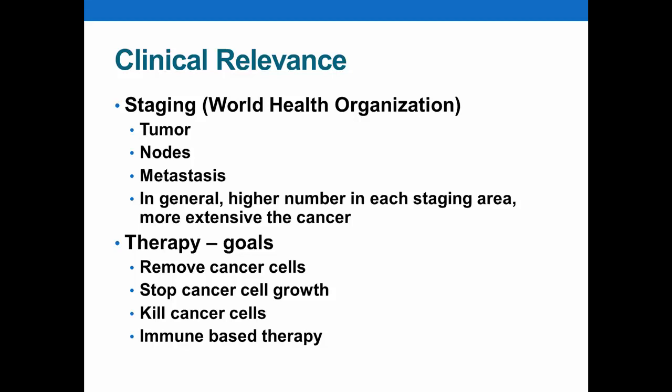With immune-based therapy, one of our goals is to increase the T cell response. Another goal may be monoclonal antibodies. When we use monoclonal antibody therapy, those antibodies are going to bind to or damage the cancer cells, or may be able to inhibit checkpoints. And when we do that, we allow stronger T cell cytotoxic responses.